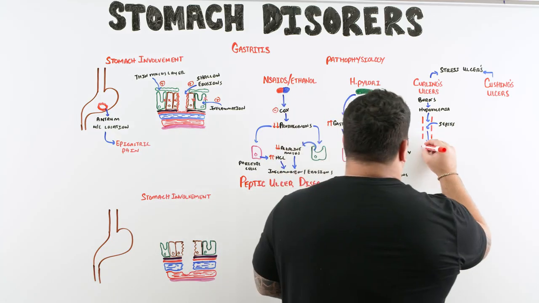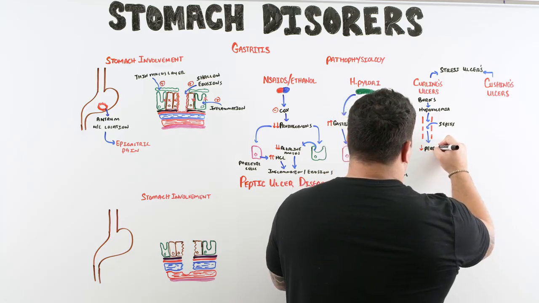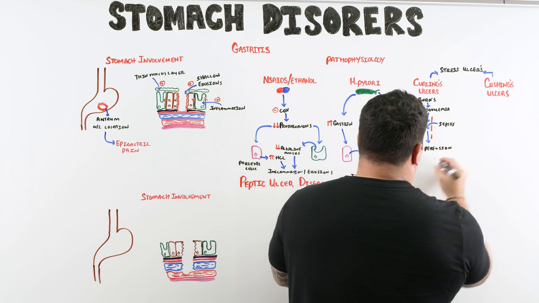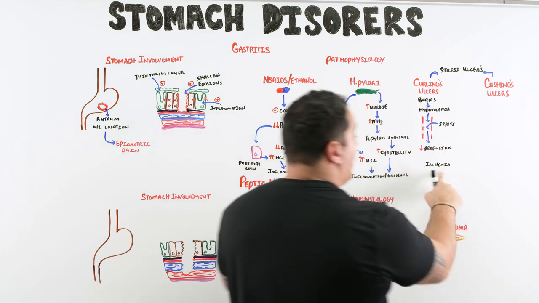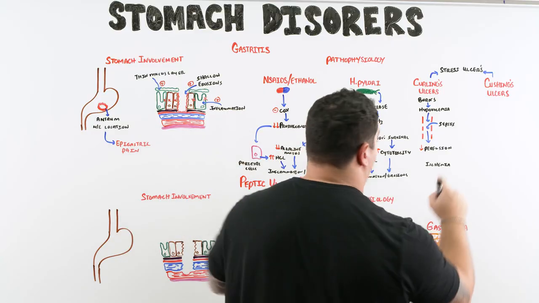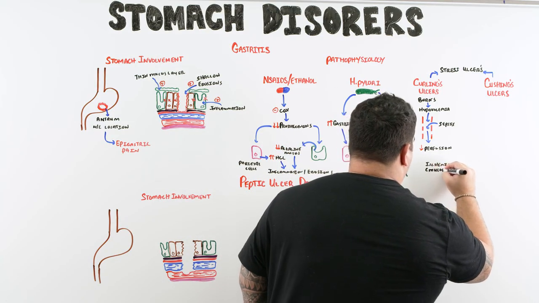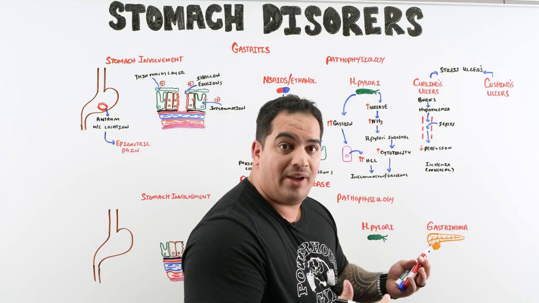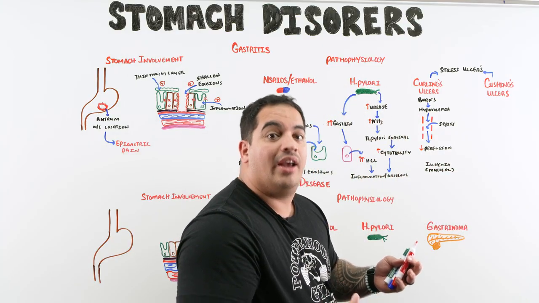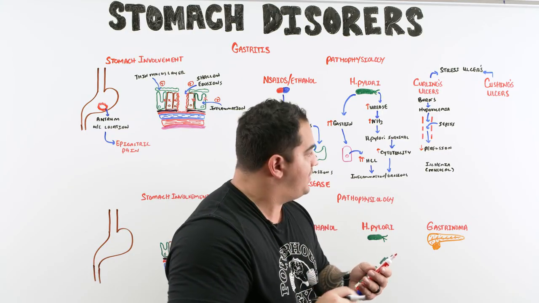So now if I have decreased perfusion to my tissues, what do you think is going to happen? It's going to lead to ischemia. And if I lead to ischemia to the actual tissue of the stomach, the mucosal lining, so we'll put in parentheses, mucosal ischemia, what do you think can start happening? It'll cause massive inflammation from hypoxia, and it'll cause mucosal injury and some small erosions from maybe minor necrosis there.